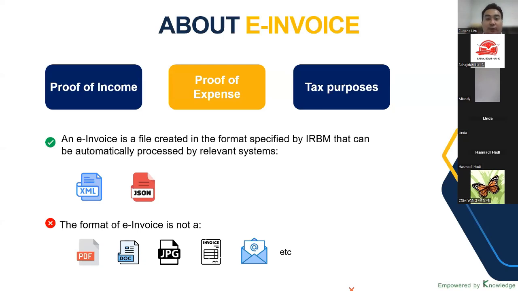That one is going to prove there is an expense incurred by you and going for the tax relief claim purpose. So which means the e-invoice will be support for the proof of expenses and also for the tax purpose. This is the thing you need to take care of.